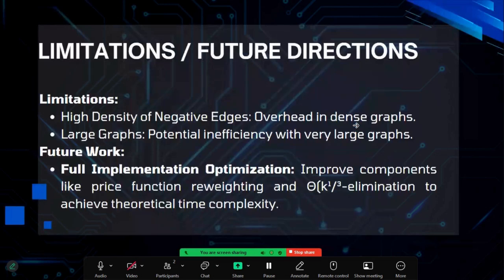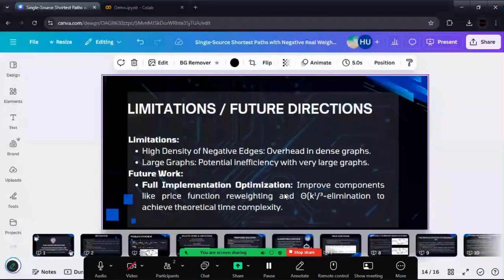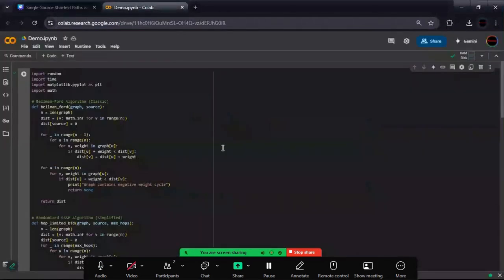Now, first I'll discuss the code and then we'll move to the final work, which is the limitations and the future discussions. So let's discuss the code here. Firstly, in the code, we have programmed the Bellman-Ford algorithm, which is the classic algorithm.